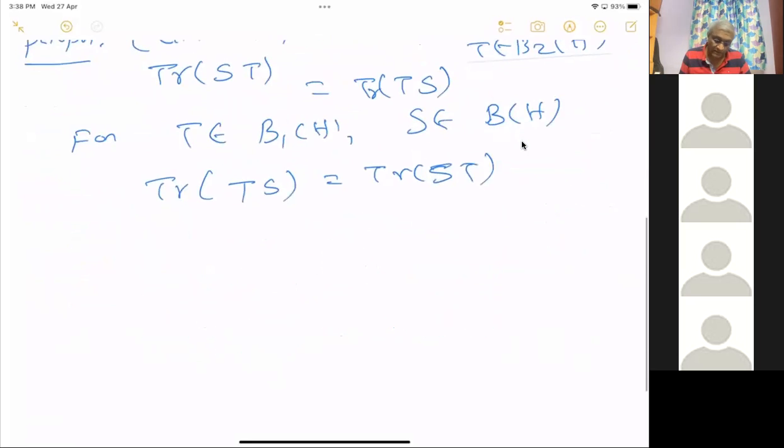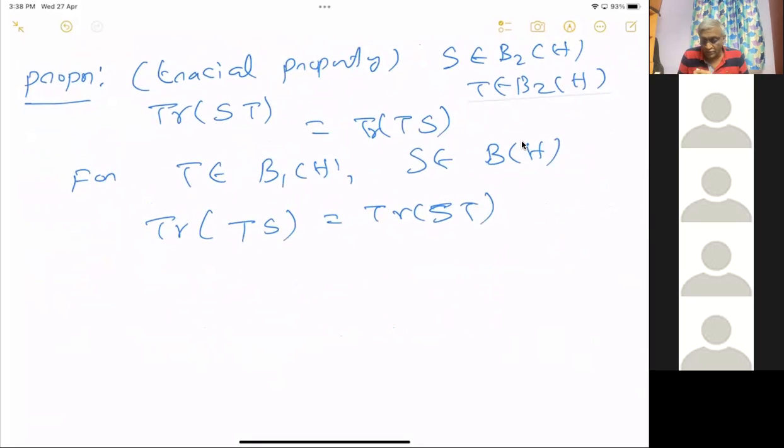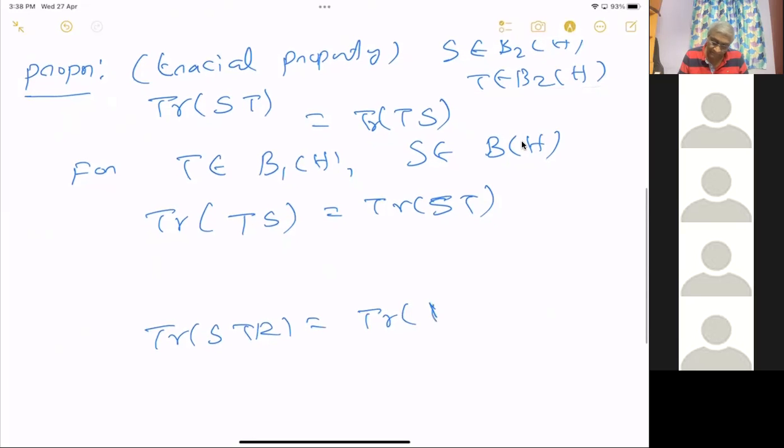This is what is called the tracial property. Notice that this is not commutativity. If you have three operators S, T, R, trace of STR can be written as trace of RST, or you can bring the T to this side and it is also equal to trace of TRS.